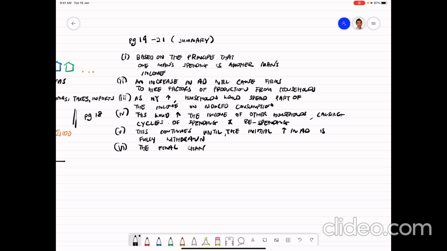change in national income is more than proportionate to the initial increase in AD.